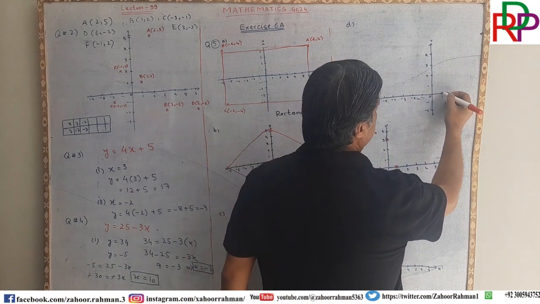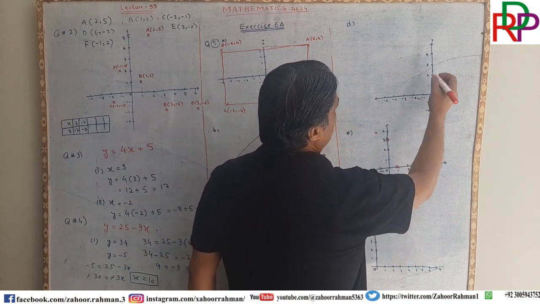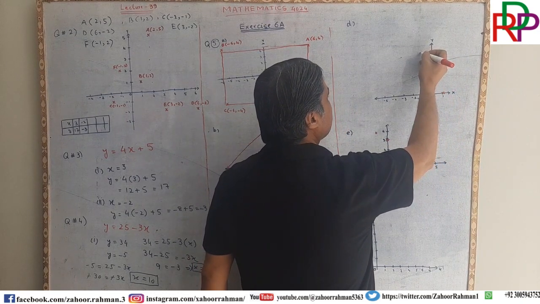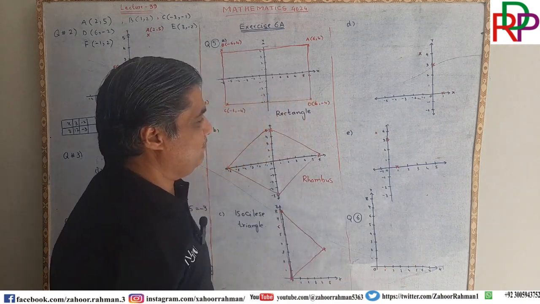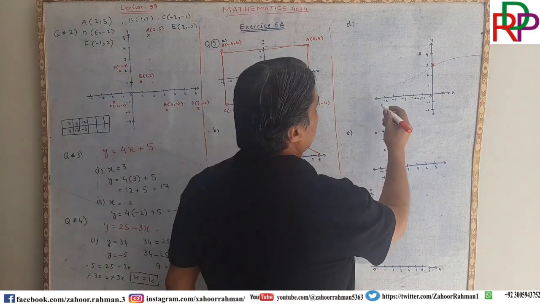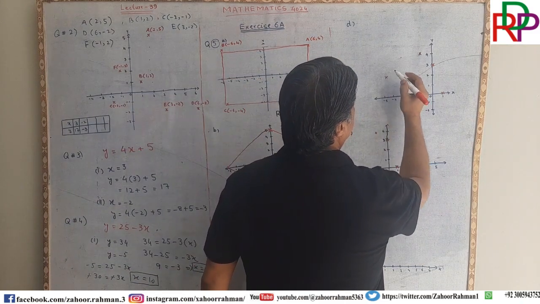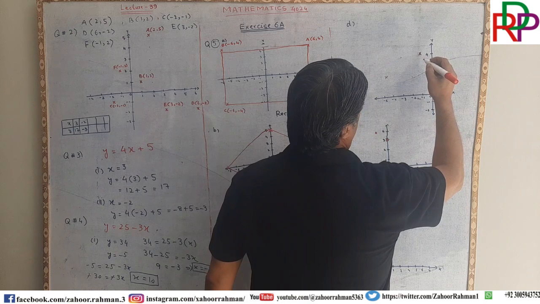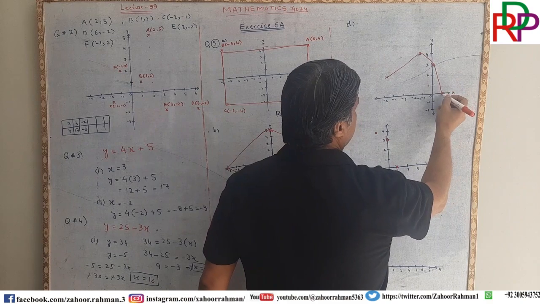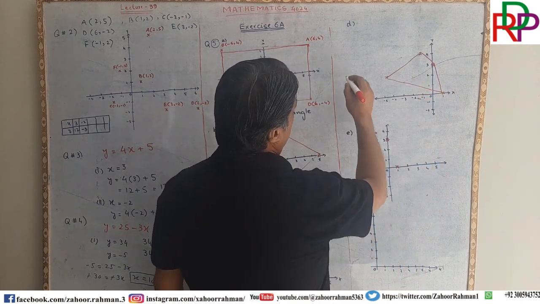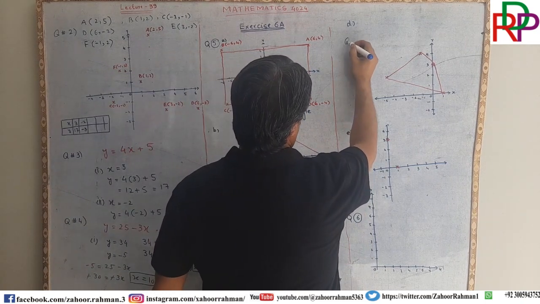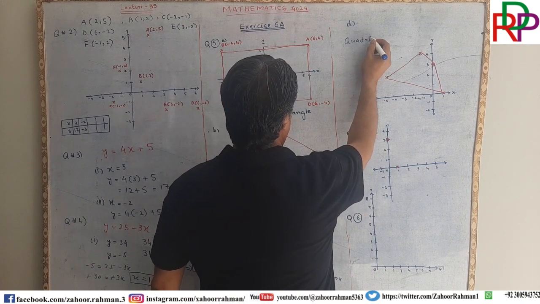So this will be here, the second will be here, the third will be here, and the fifth will be minus 5 and 2, which will be somewhere here. So if we are connecting these points with each other, it will be a quadrilateral. So this is a quadrilateral.